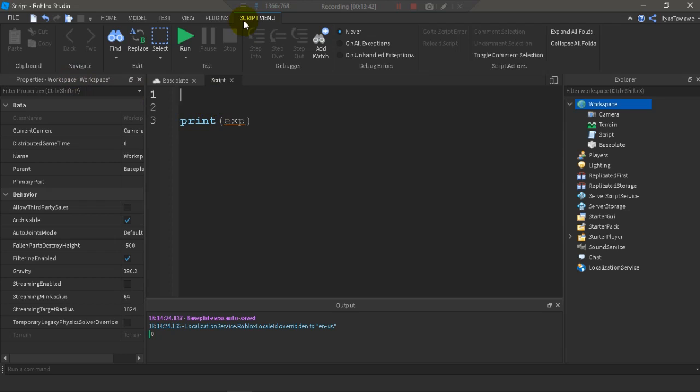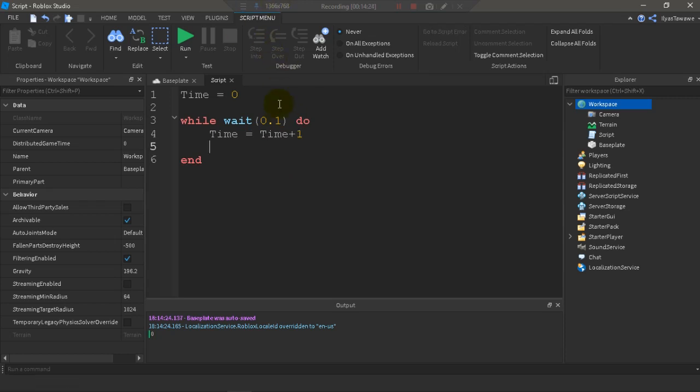So that's something we use in a lot of cases. Let me give you a cool example. For example, we have a time variable equal to 0. Every 0.1 second we're going to add 1 to the time, time equals time plus 1.